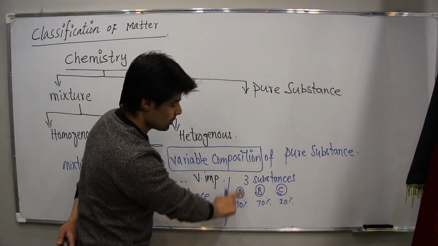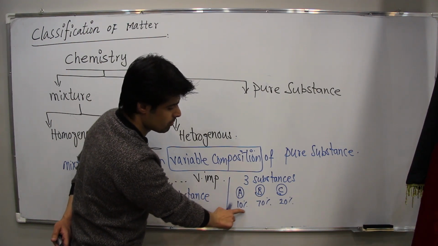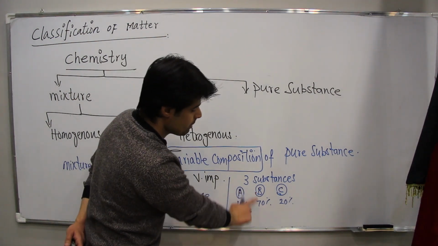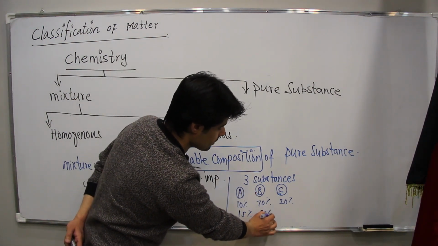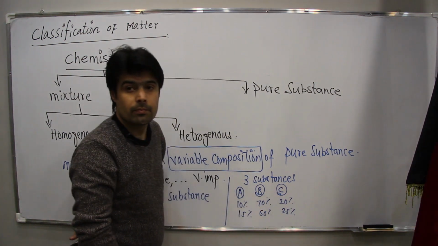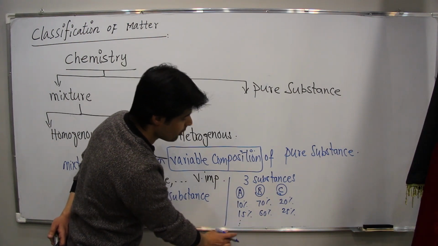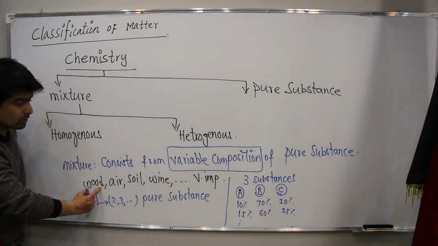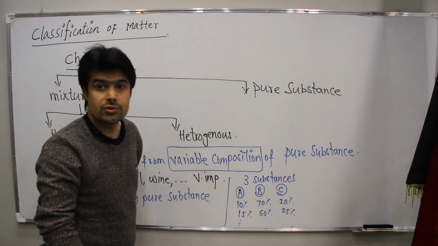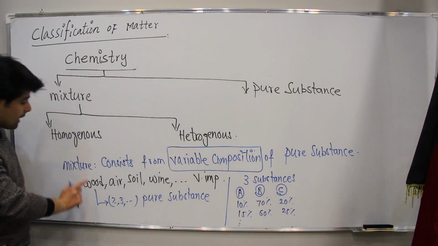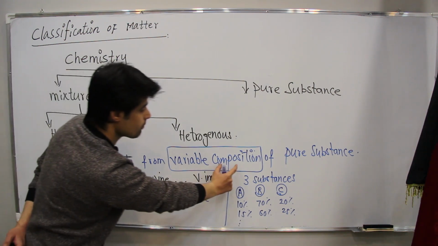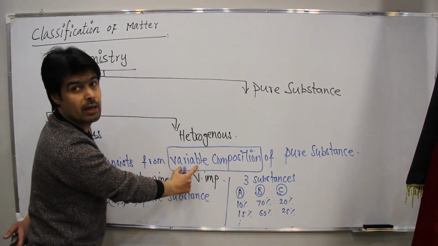But there is another wood where A is not 10%, it is maybe 15%. B might be 60%, and C may be 25%. And also we have another wood. It is wood, but it is not made of these percentages. It means in a mixture, the composition is mostly variable.